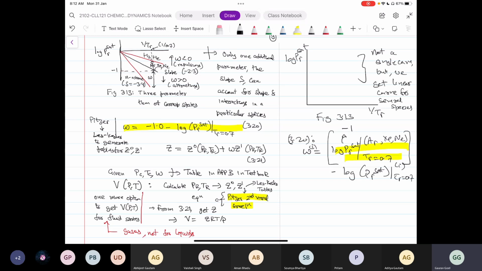So the information required is the value of saturation pressure at Tr equal to 0.7. I can in principle do an experiment, or if I have some other means of getting this data, I will get that data. So this information needs to be accurate. And once it is accurate, I can find out the value of omega by a single measurement. Single measurement is measurement of saturation pressure at Tr equal to 0.7.